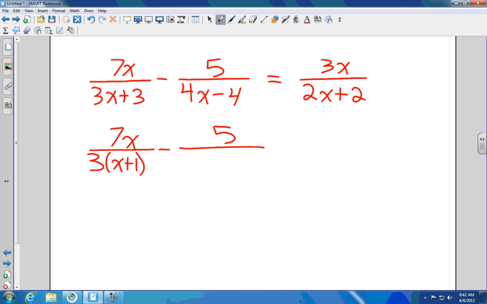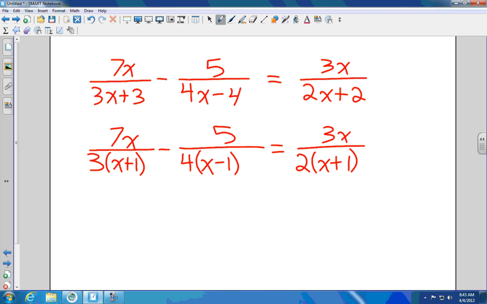Take a 4 out front, divide that out, we have x minus 1. And on the last one, take a 2 out, and we have x plus 1. So those are the 3 factored denominators.